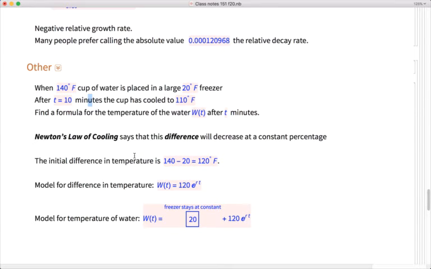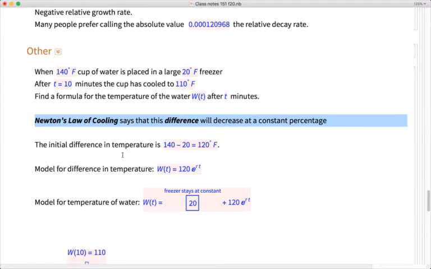Okay, so we weren't explicitly told about this percentage change. So we're going to be on the hook for this. We're going to have to just remember that Newton's law of cooling is saying that the difference is decreasing at a constant percentage. All right, so again, the initial difference in temperature, 140 minus 20, that's 120.